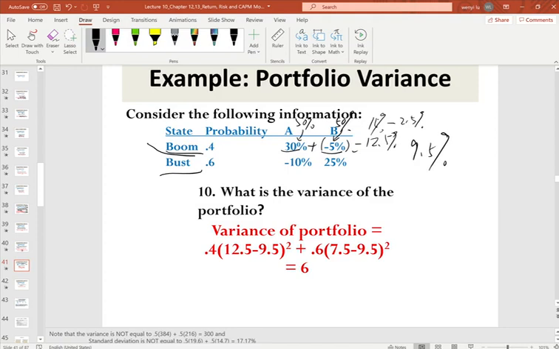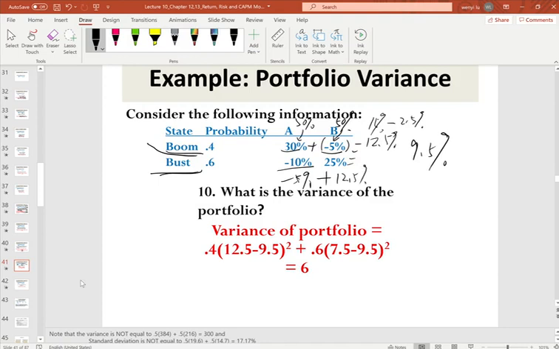When the economy goes to the best state, the return is 50% times minus 10, which is minus 5%, then plus 25 times 50, which is 12.5%.